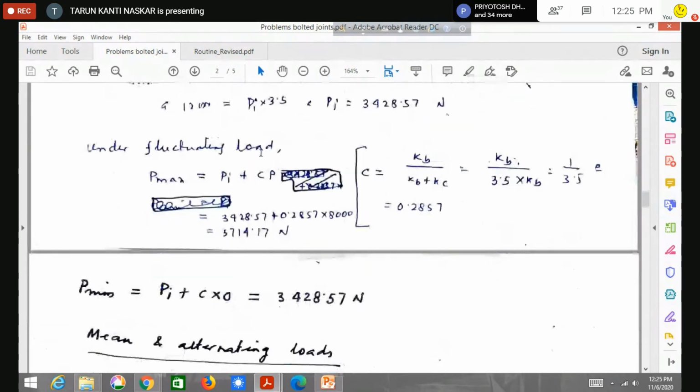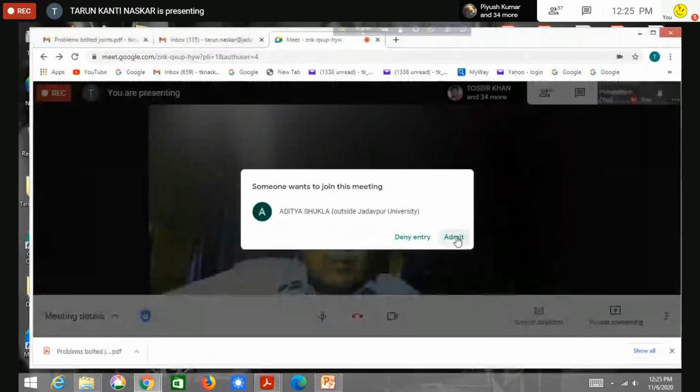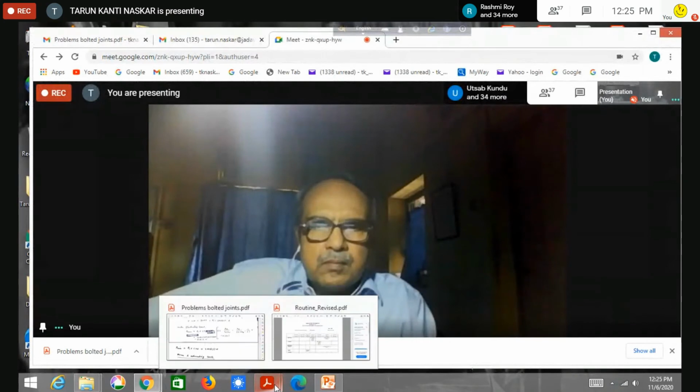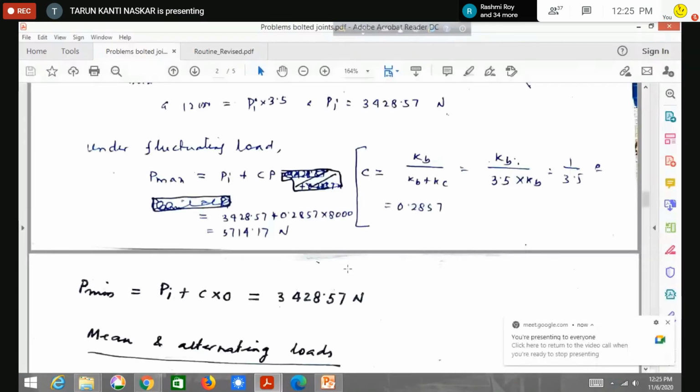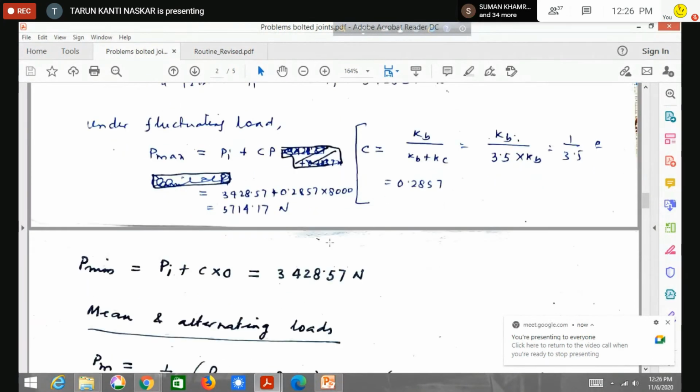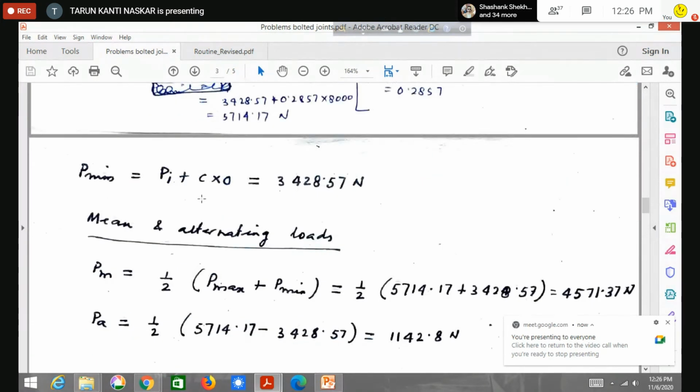So under fluctuating load, Pmax equal to Pi plus CP, and the value of C we can find out in this manner, that is the ratio Kb divided by Kb plus Kc. Ultimately Pmax equal to 5714.17 Newton. Now Pmean equal to Pi plus C into 0, since it starts from 0, so 3428.57.